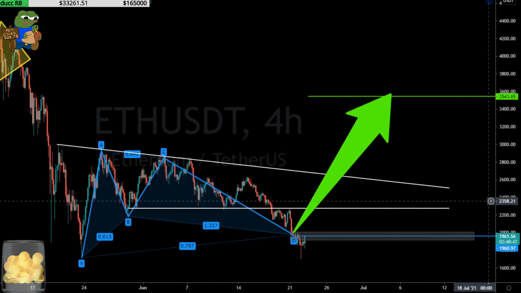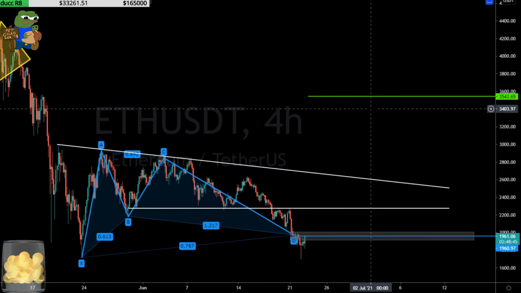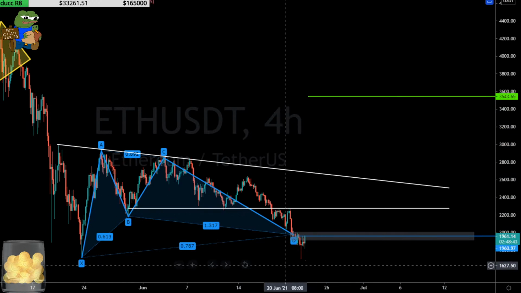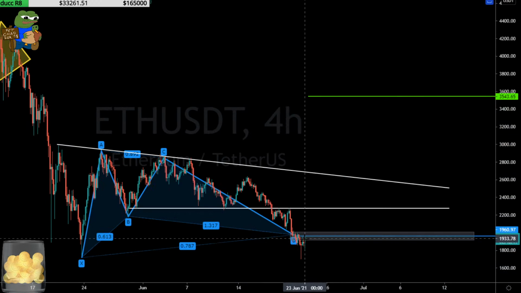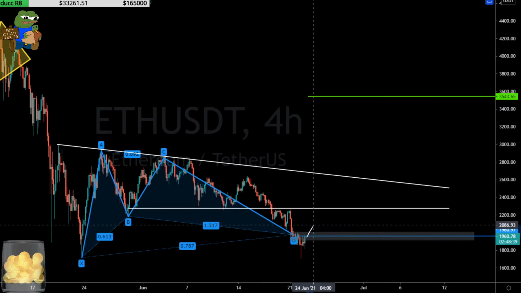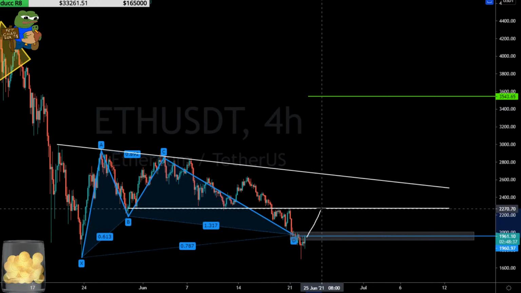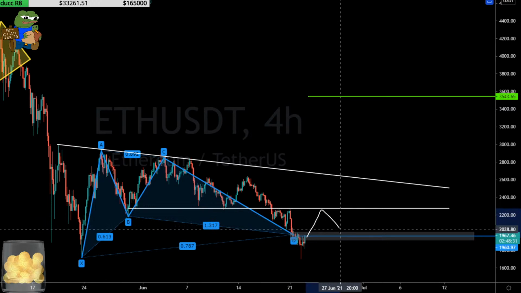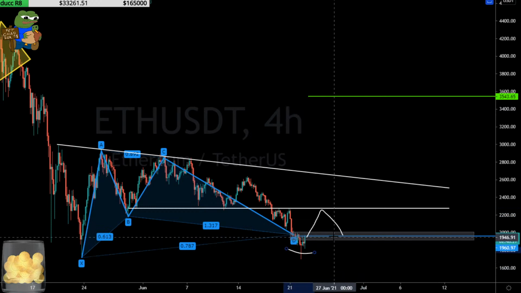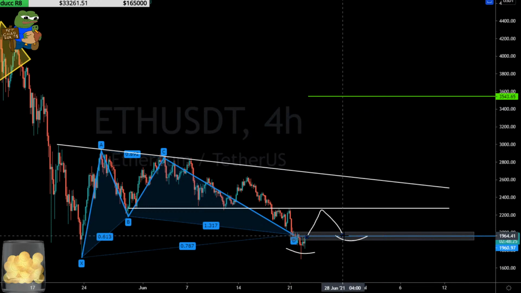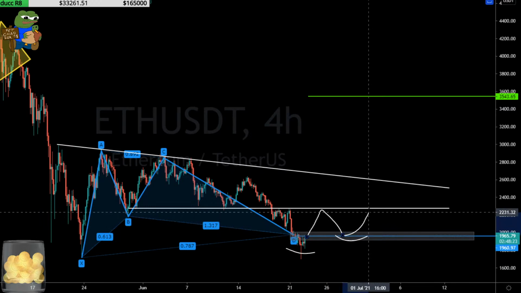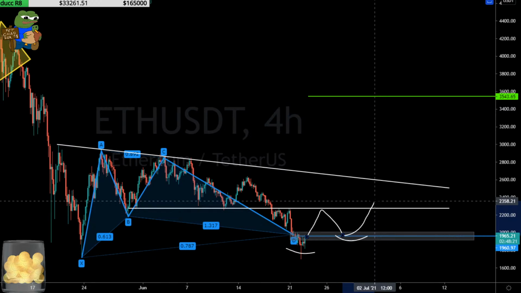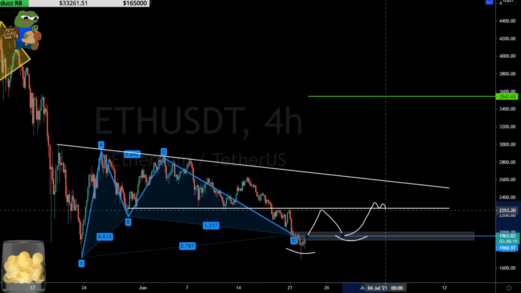But I mean, for ETH, what you really need to see, right, is say we come up and Bitcoin rejects, like we just talked about, and you sell back off, and Bitcoin paints that hidden bull, while ETH will probably paint it too, okay? And then here's your double bottom on ETH, right? And then you go back up, and this time you break above, you hold, right?